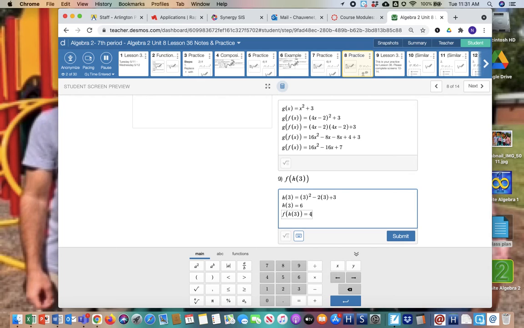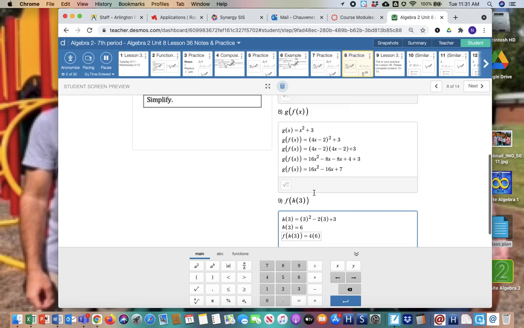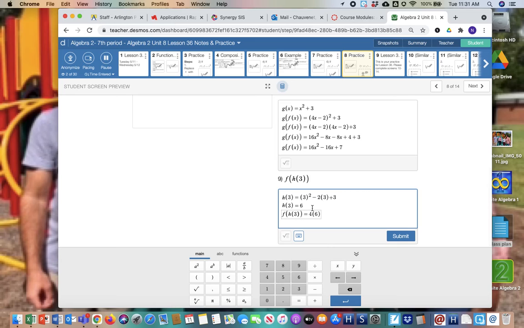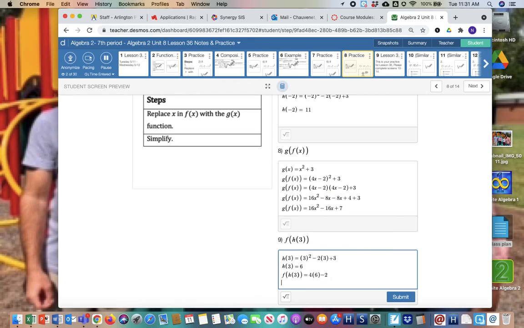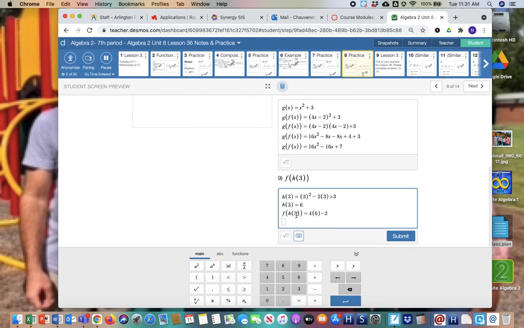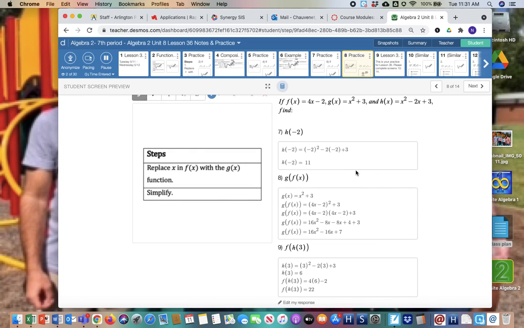So it's 4 times 6 minus 2. Well, 4 times 6 is 24. 24 minus 2 gives me 22. So then I'm just going to go down here and write f of h of 3 equals 22.